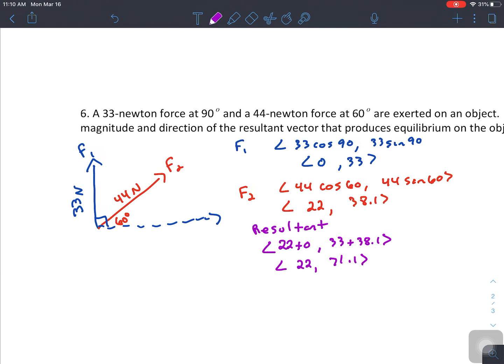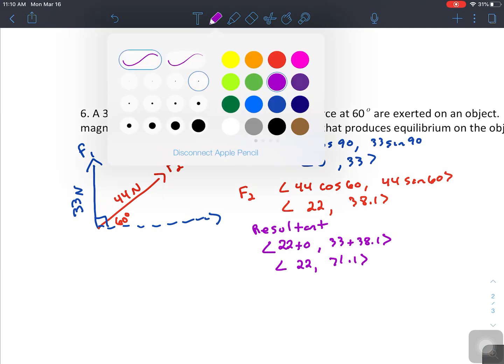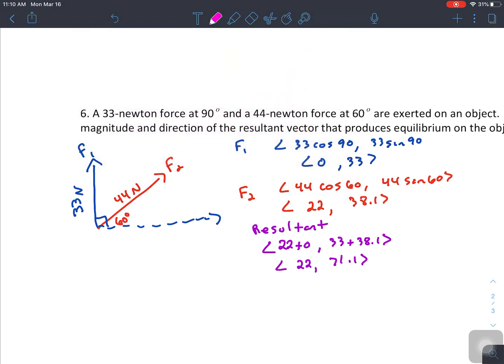Try to find the magnitude. So magnitude, square both of these. Okay, then take the square root. The magnitude is about 74.4 newtons.